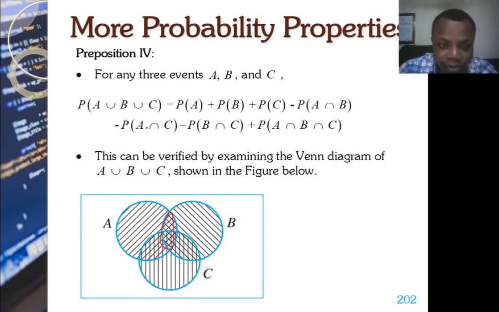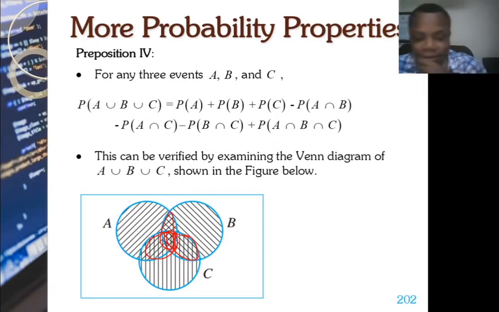Then A intersection C, which is also this section, and also subtract B intersection C. That is what we have here. Then after, we are going to add A intersection B intersection C, which happens to be the middle portion that we have in here.